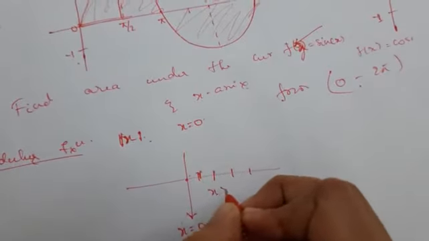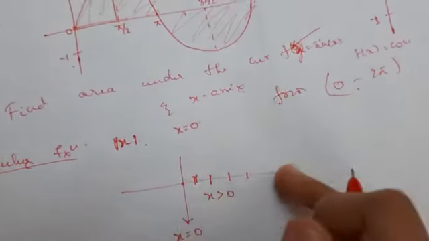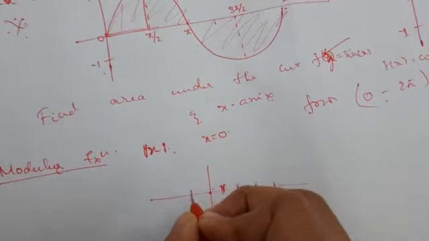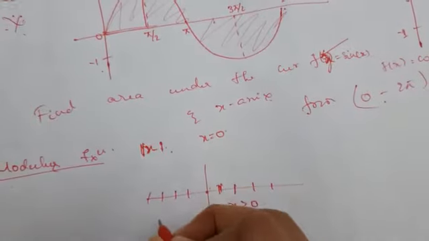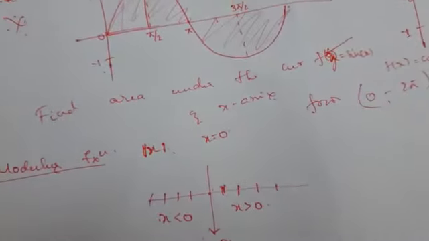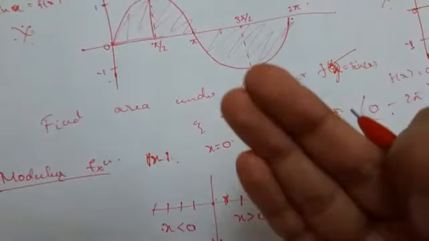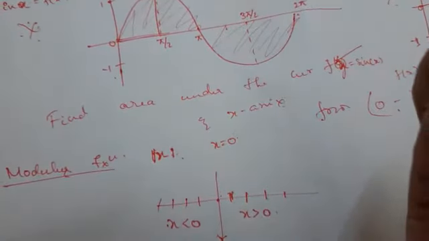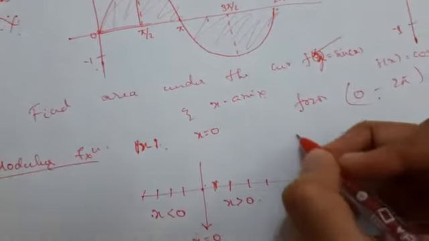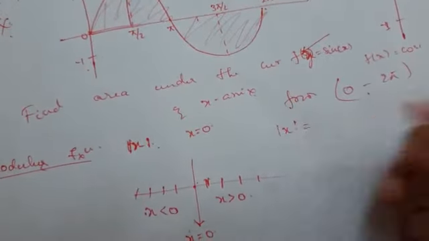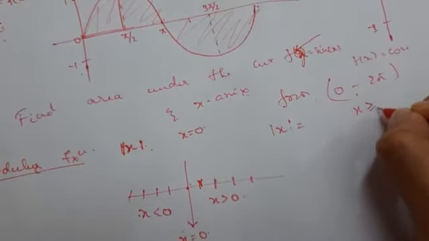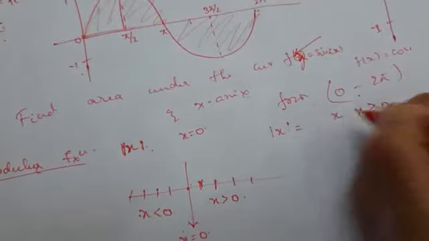So when I consider x greater than 0, whatever point comes, it is obviously greater than 0. When I consider the points where x is less than 0, what happens? The modulus function, when we have a negative value, gives another negative sign and makes it a positive value. How are we going to redefine that mod function? When x is greater than or equal to 0, the function will be x itself.